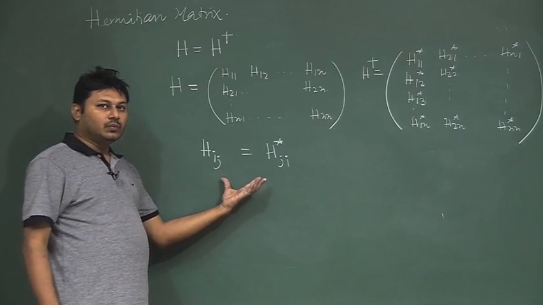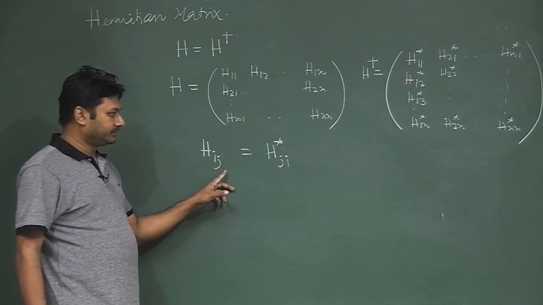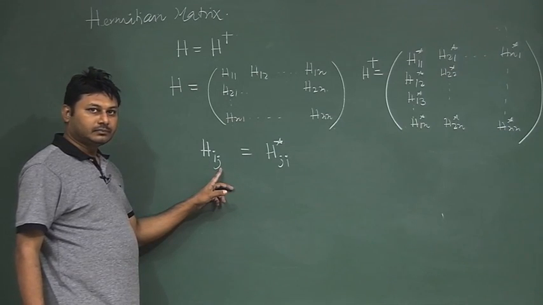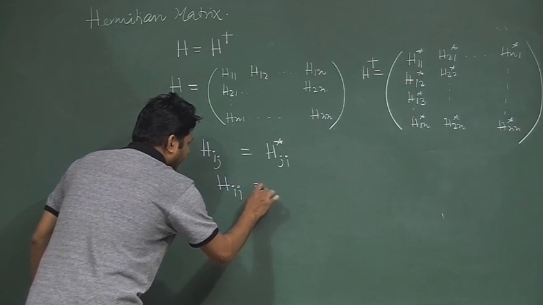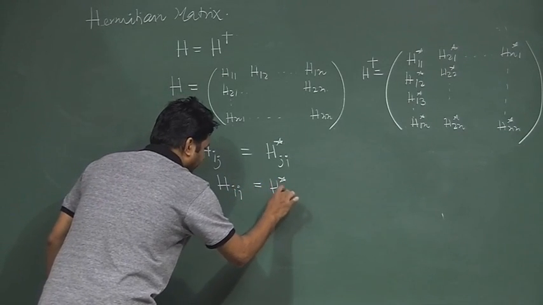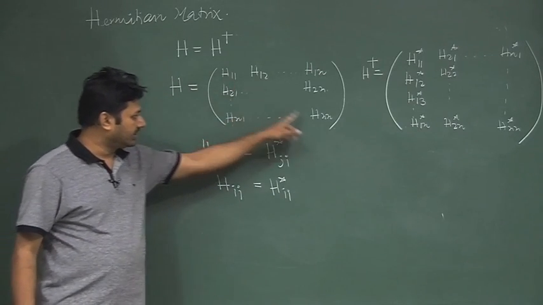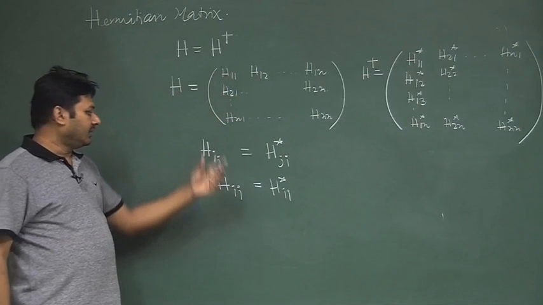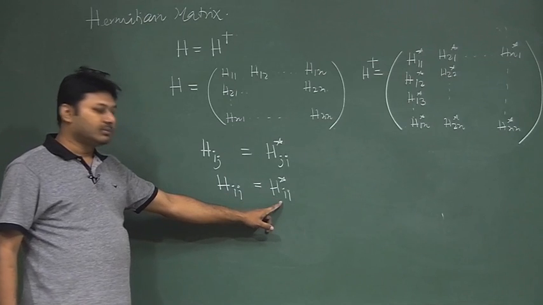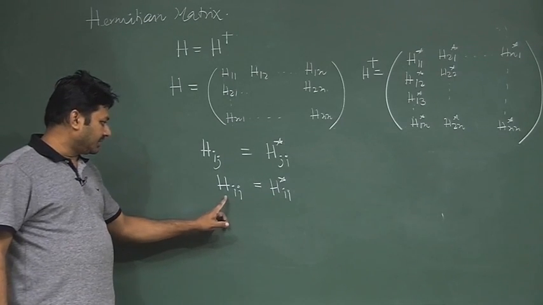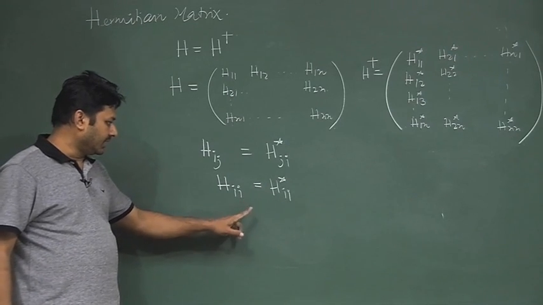If this is true, what happens when I put i equal to j in both cases? Hii is equal to Hii star. Hii is nothing but the diagonal element, and my Hermitian condition suggests that the diagonal element is the same as its complex conjugate.